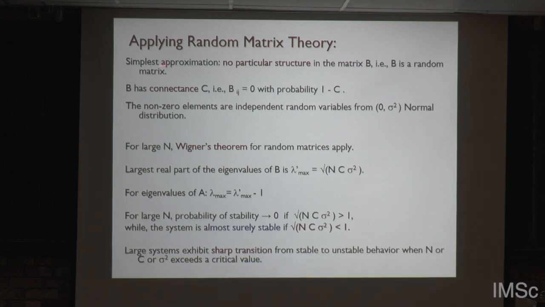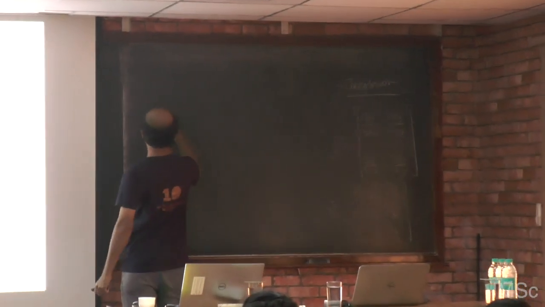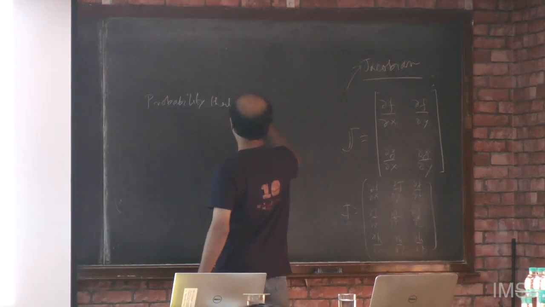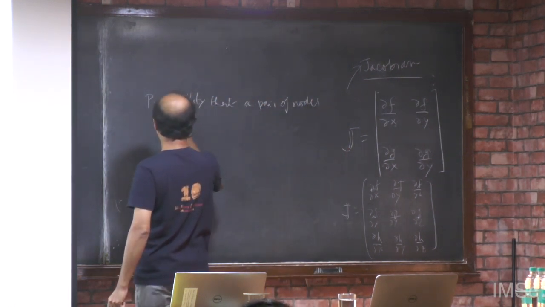So if the matrix B is associated with a network of connectance C, then an element Bij would be 0 with probability 1 minus C. If you are coming at it from a network perspective, C is nothing other than the connection probability, the probability that a pair of nodes will be connected.